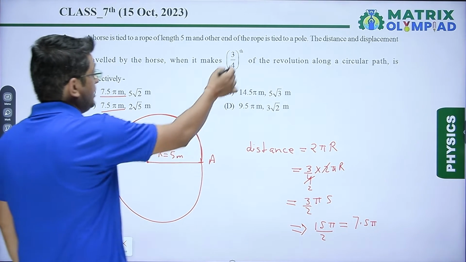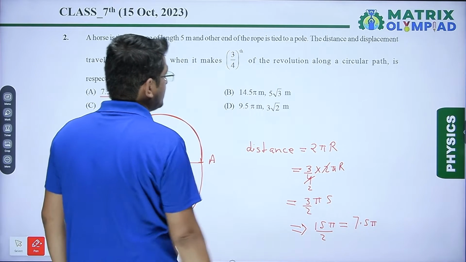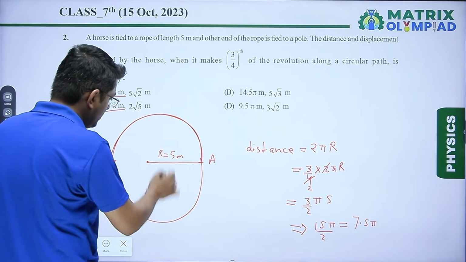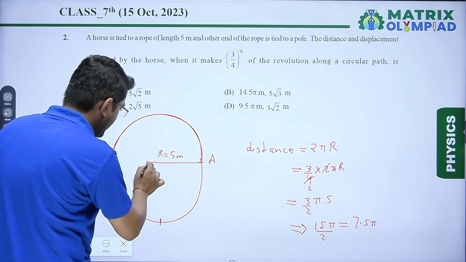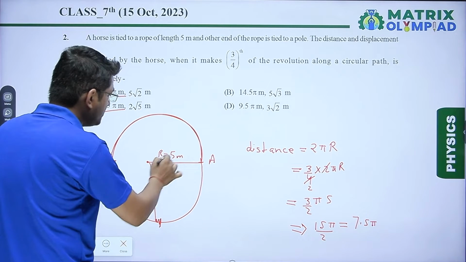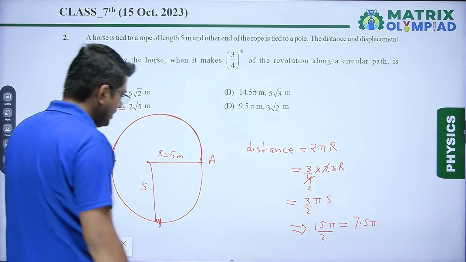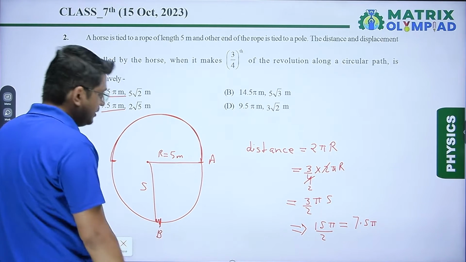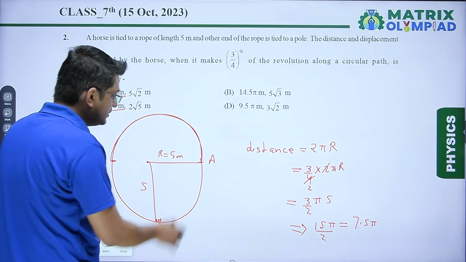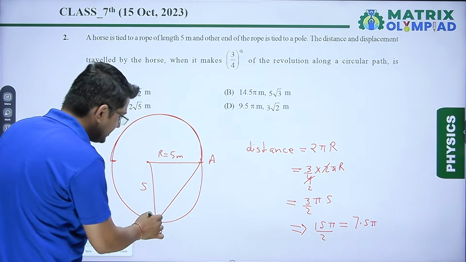Now it will travel 3/4 of the revolution of the circular path, so it will reach this point. In this case, this is 5 meter, this is 5 meter, and let's say this is point P. So the displacement will be equal to the shortest distance between point A and B.